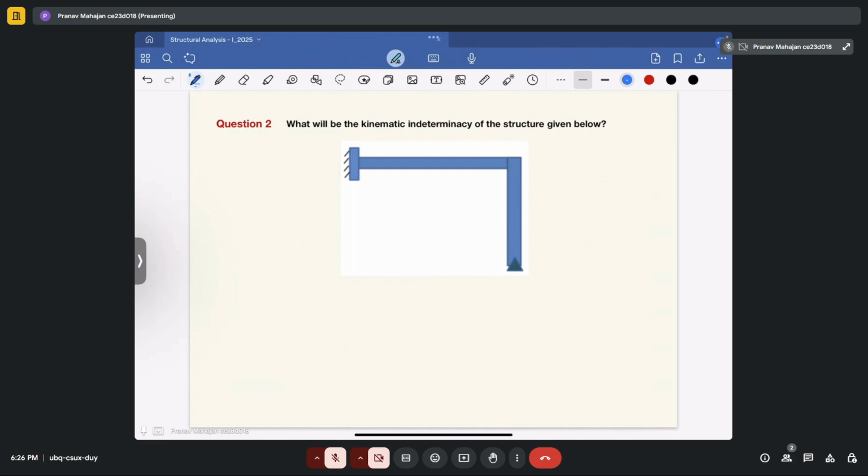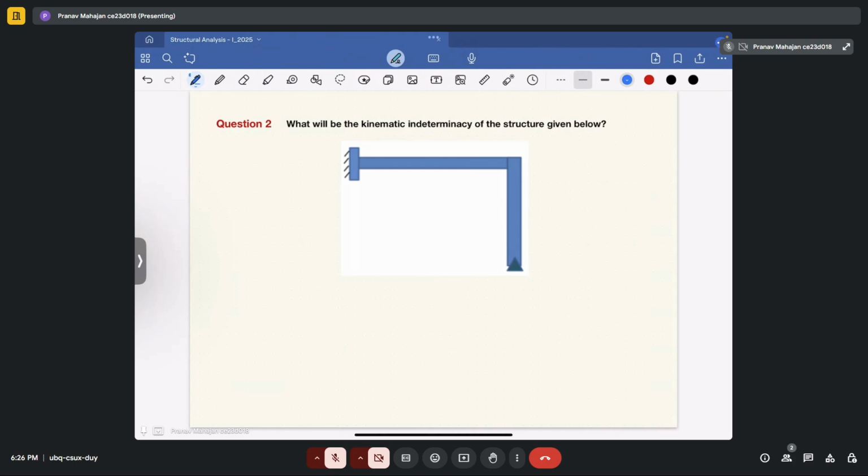And we already know that in case of a fixed support, you have restraint in vertical, horizontal, as well as moment. So that support will have degree of kinematic indeterminacy equal to 0, because that point can't move in any direction.